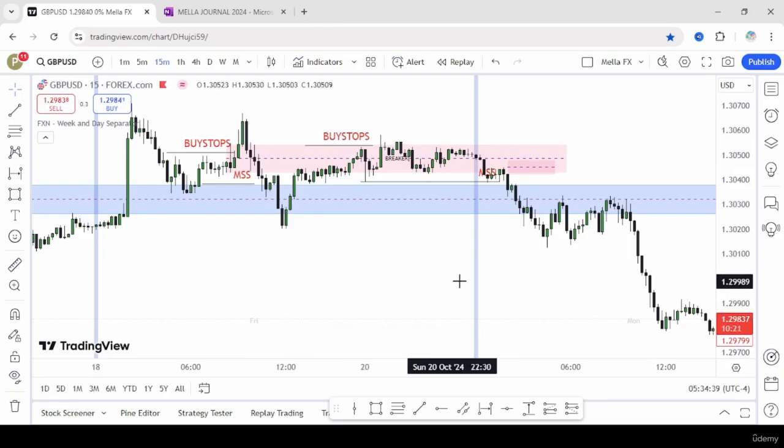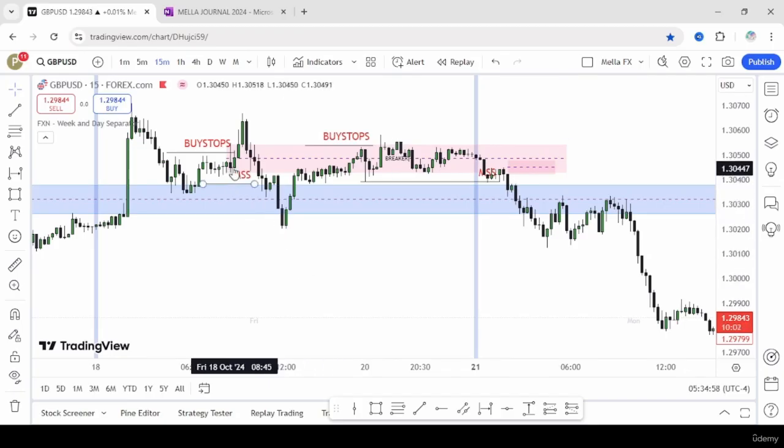Imagine you waited through Saturday and Sunday to miss the setup on Monday because of just 1 pip. So I prefer to place an allowance of 2 or 3 pips in the entry, so that you may be picked up by the market.